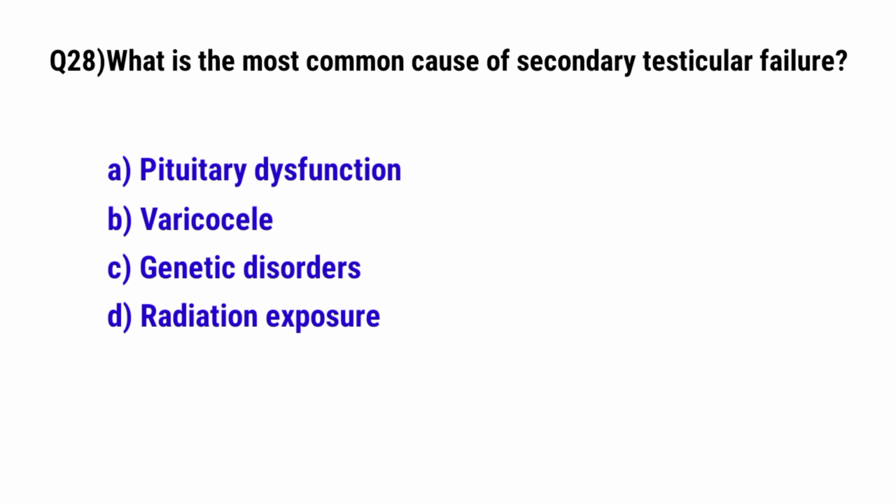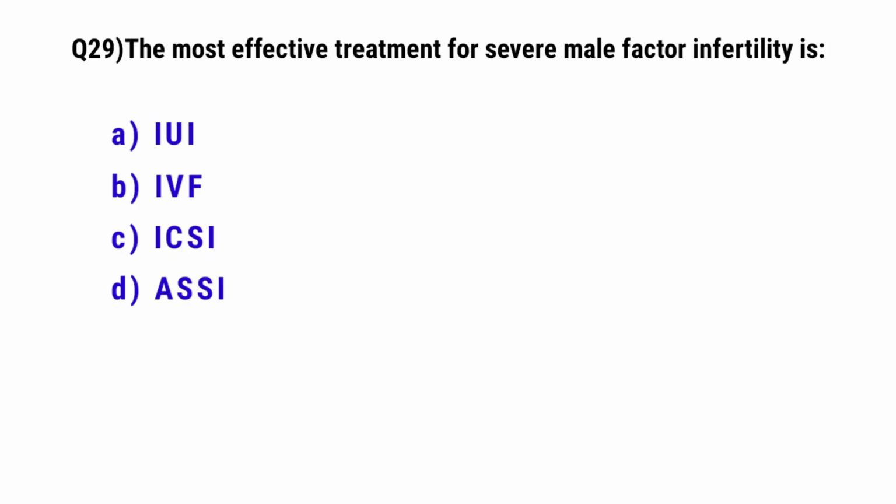The correct option is A, pituitary dysfunction. Question number 29. The most effective treatment for severe male factor infertility is? The correct option is C, ICSI.